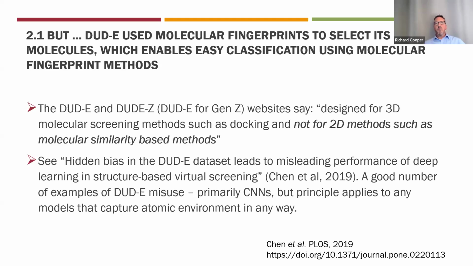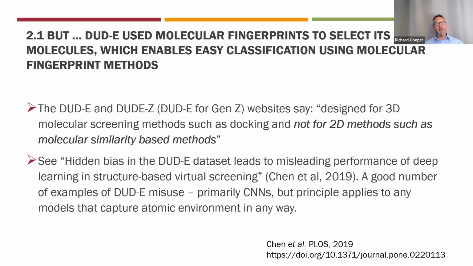However, the problem is that DUD, when it was generated, used molecular fingerprints to select these decoy molecules so that they have similar physicochemical properties, but they're unlikely to bind as well to their given targets. Because of this, any classification method that uses a molecular fingerprint can very easily distinguish between the two.